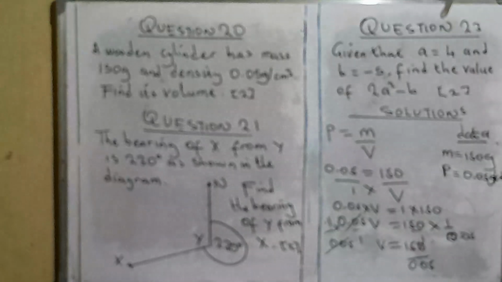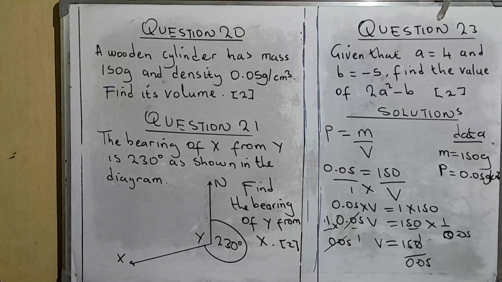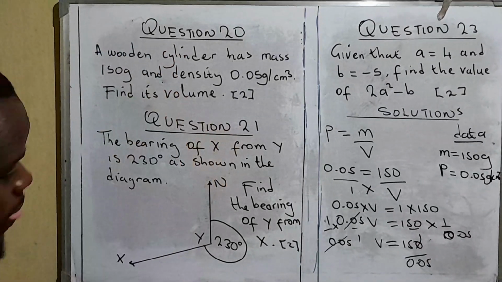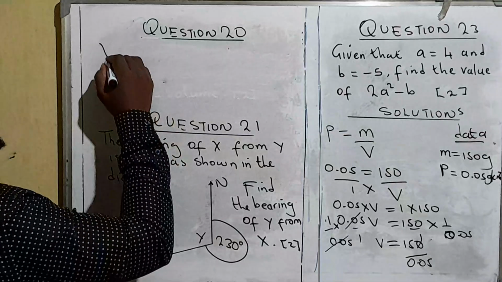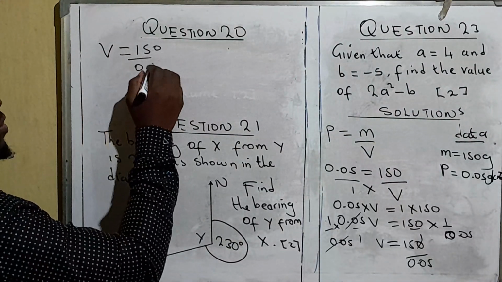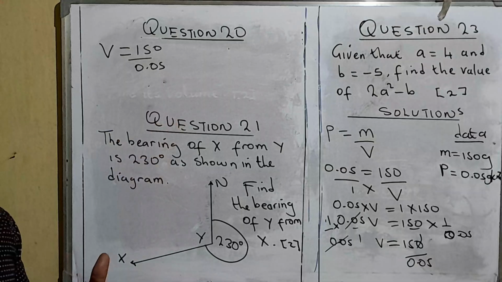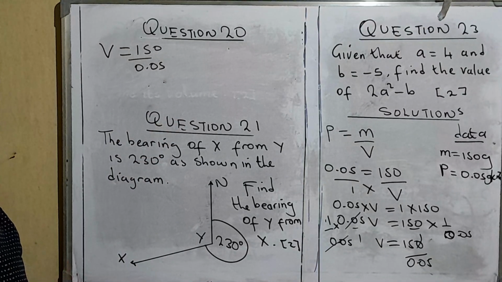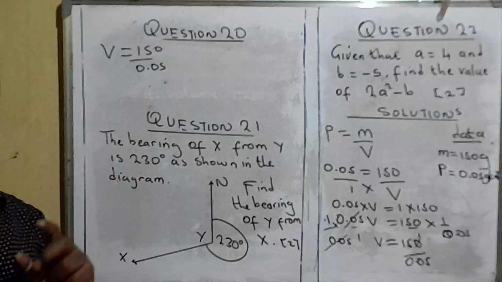How then do you work out this problem to the end? Let me rub out this part so that I write it here. All right, so what we have is V is equal to 150 over 0.05. Remember, at grade 9 level, you're not expected to use a calculator. How then do you work out this to the end?